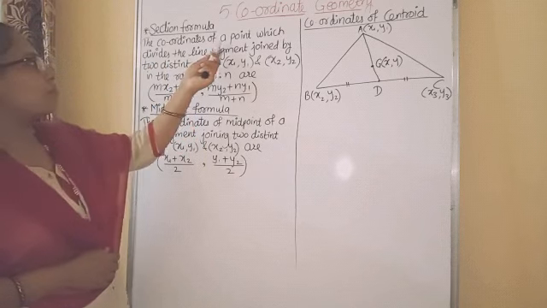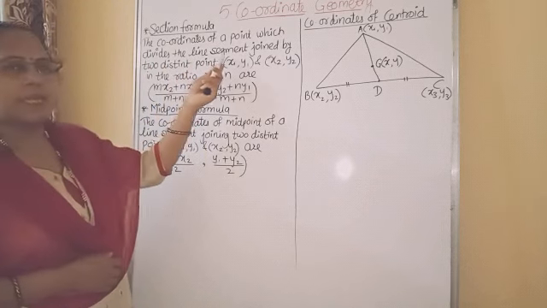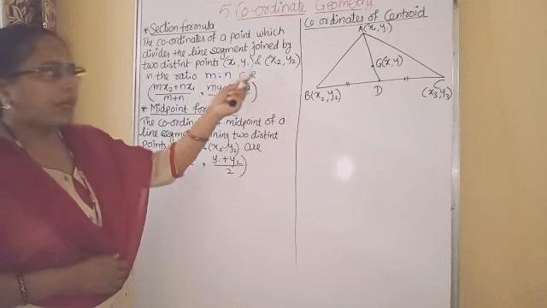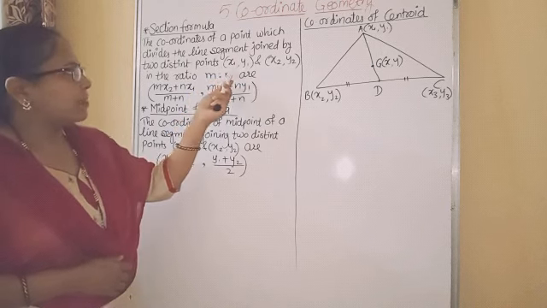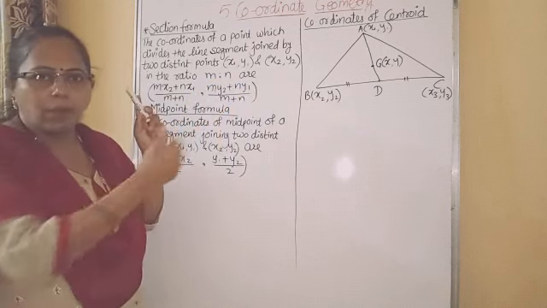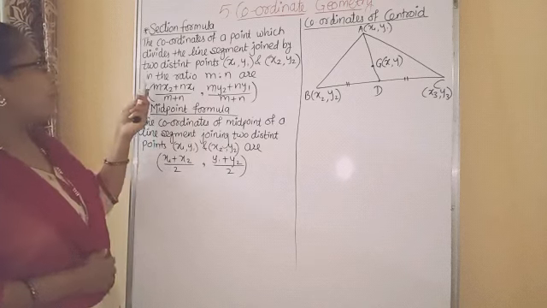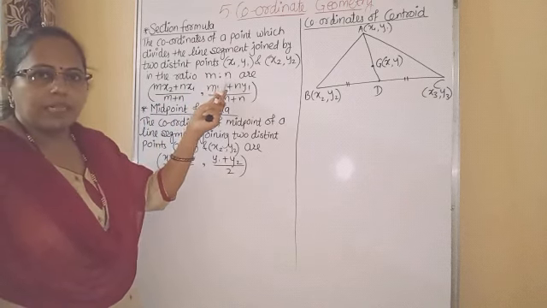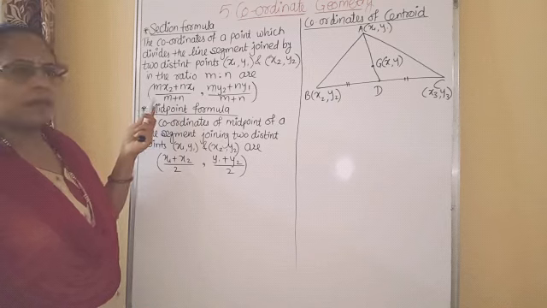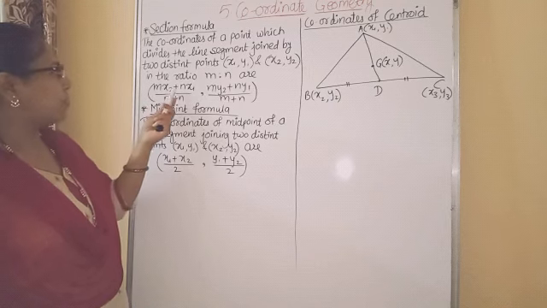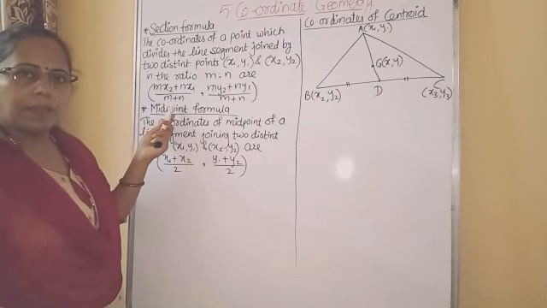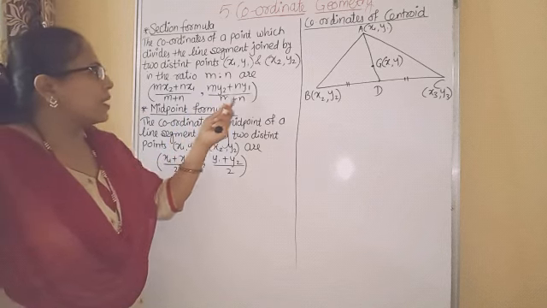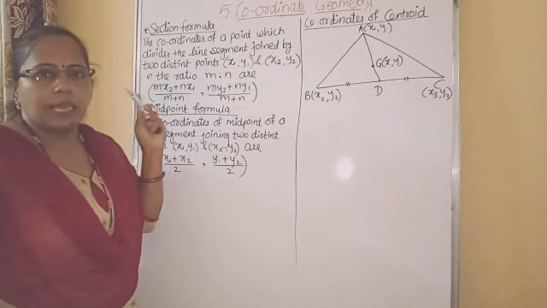Suppose the point divides the line segment joining the distinct points (x1, y1) and (x2, y2), which are the end points of the segment, in the ratio m to n. Then its x coordinate is (m x2 plus n x1) upon (m plus n) and its y coordinate is (m y2 plus n y1) upon (m plus n).